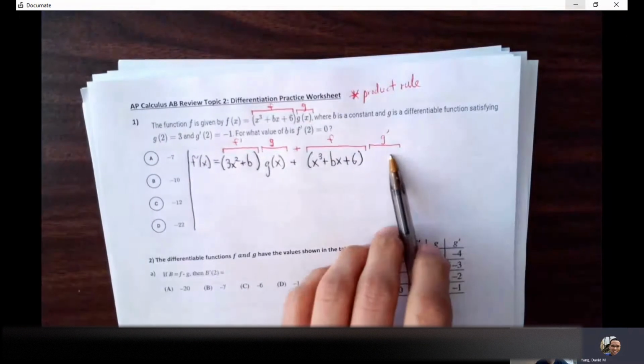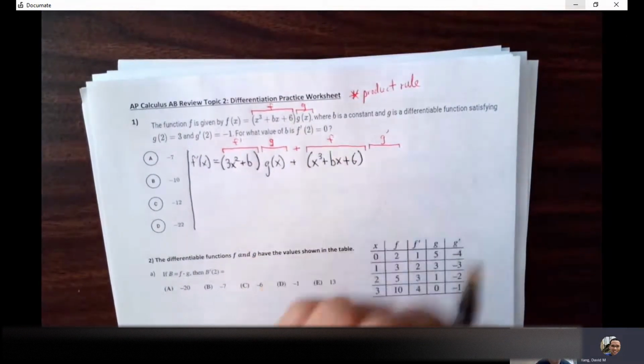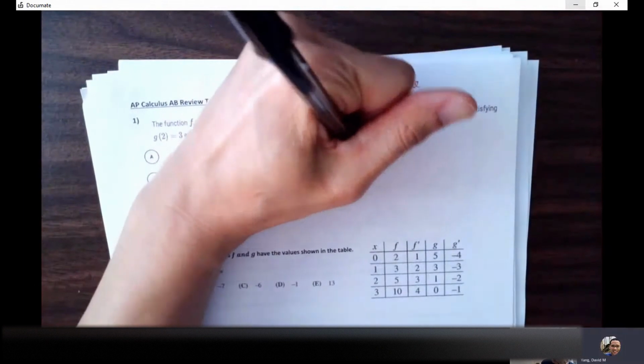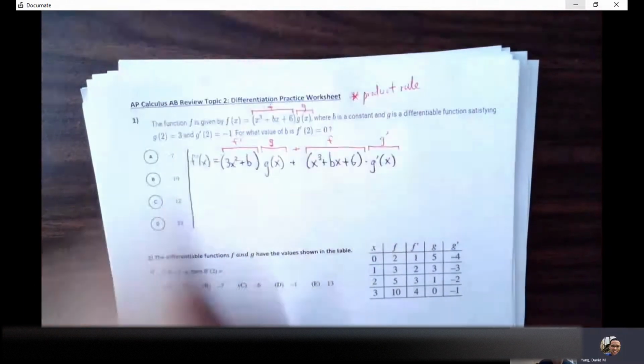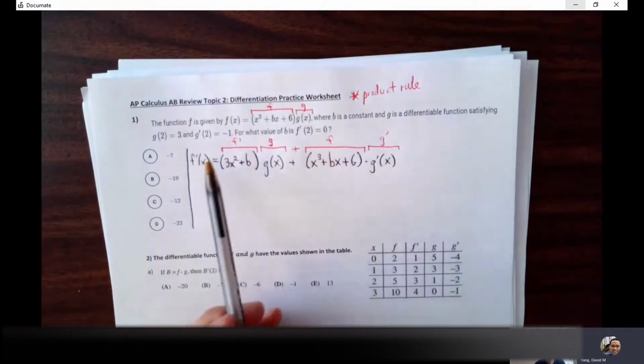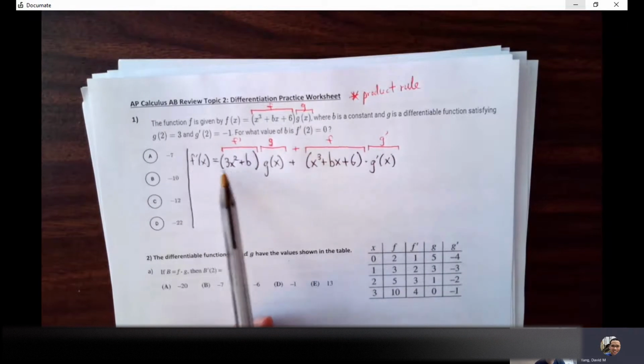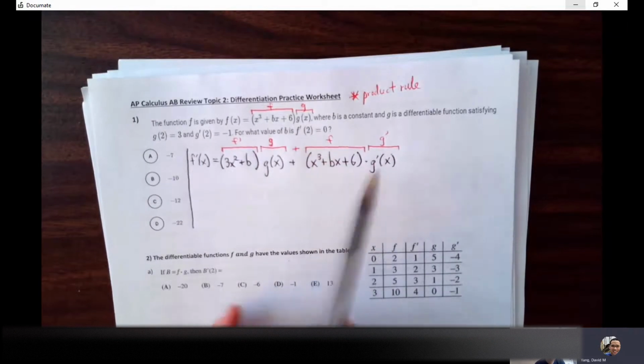And then g prime, the derivative of g of x, I'm just going to leave it in function notation. So times g prime. Right, so there's my derivative spelled out. Let's see, what information can we enter in? Well, we're asked to find f prime of 2. So let's go ahead and replace every x we see with 2.